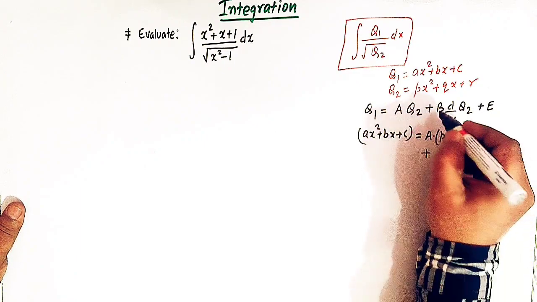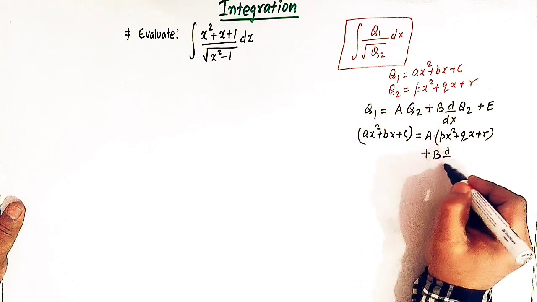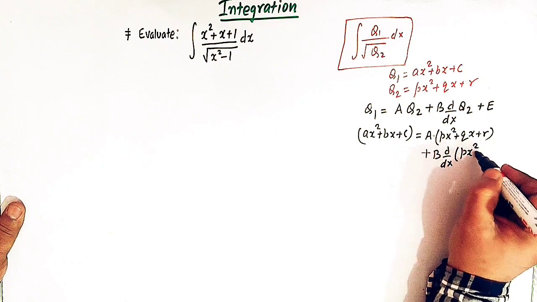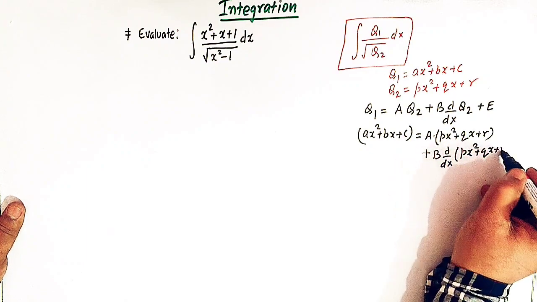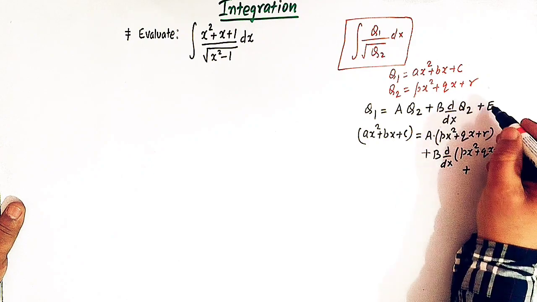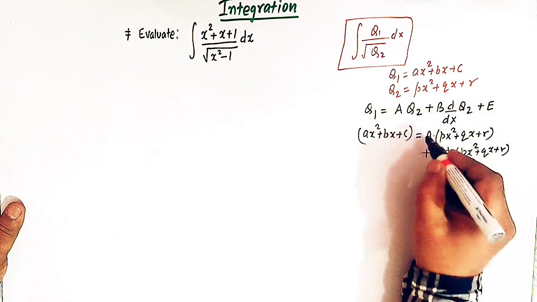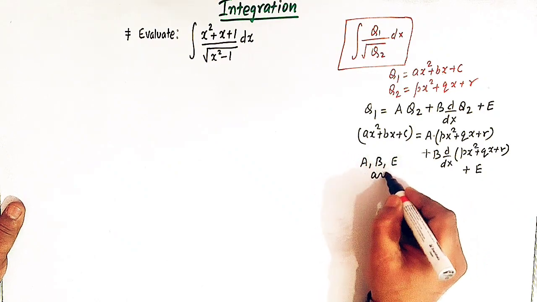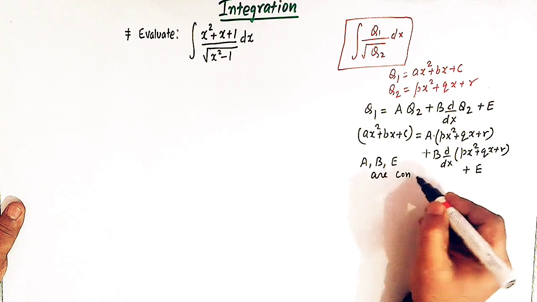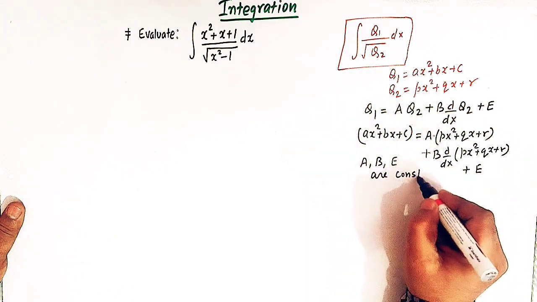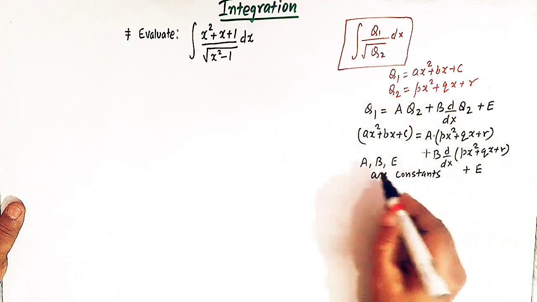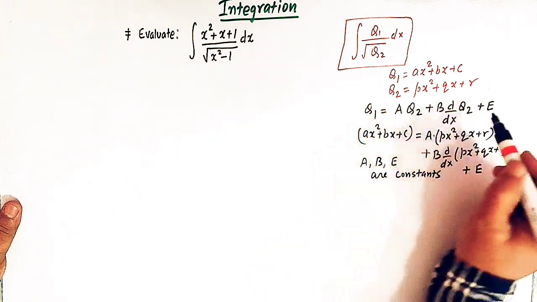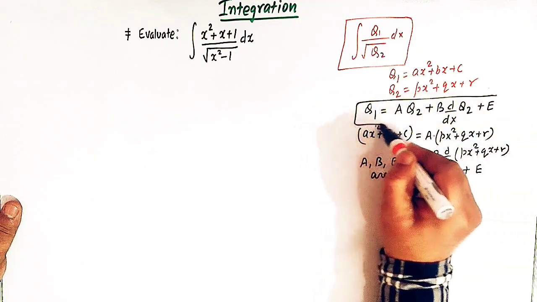Then we have here b times the derivative of q2. q2 is px square plus qx plus r, and then we have this term e, right, where a, b and e are the constants which are to be calculated, right? So we'll express q1 like this, right?